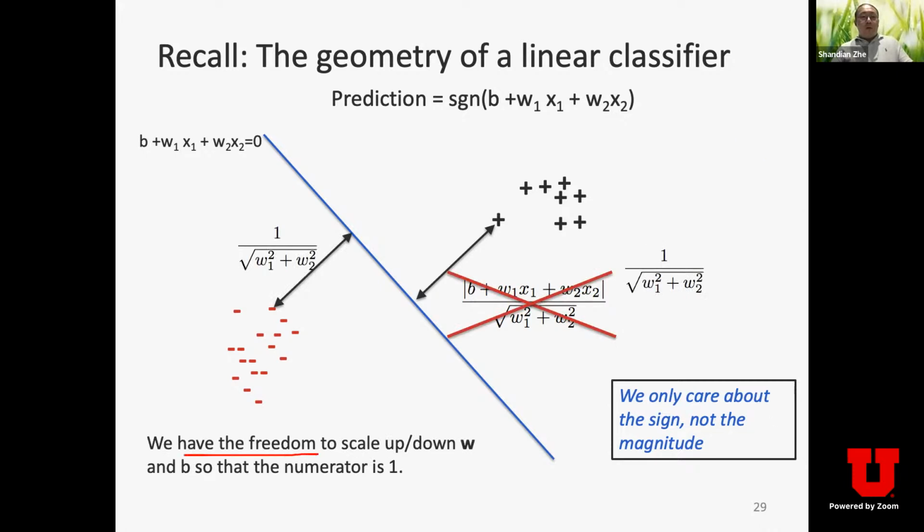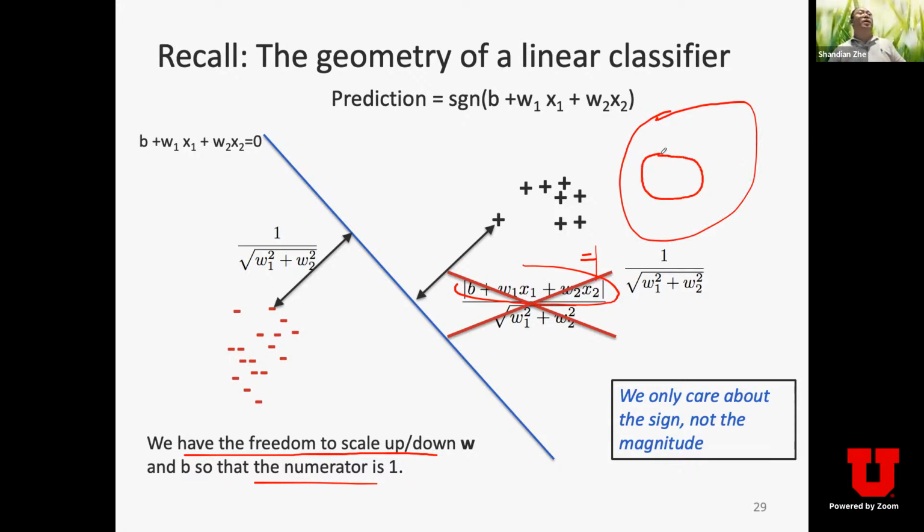We have the freedom to scale up and down WB so that the numerator here is simply 1. Remember, we can do arbitrary scaling of WB. So why not we just restrict, this is the whole WB space, why not we just restrict our WB subspace such that the minimum of this functional margin over the training set is simply 1.